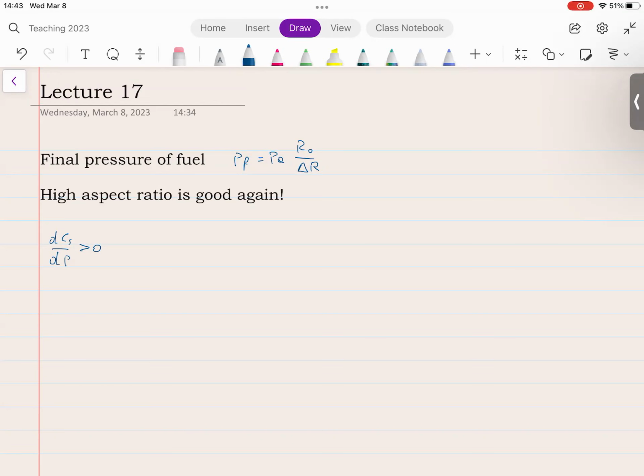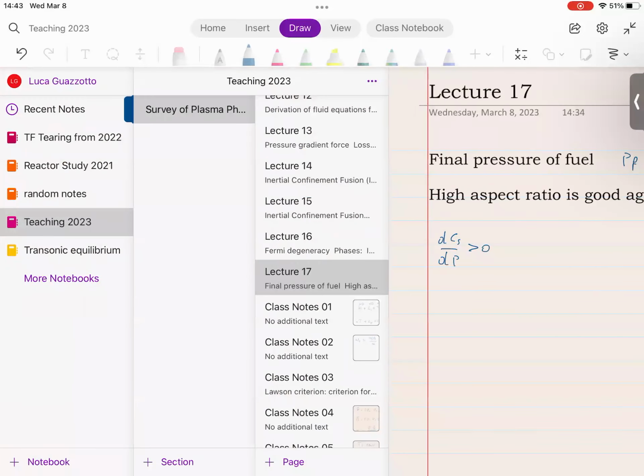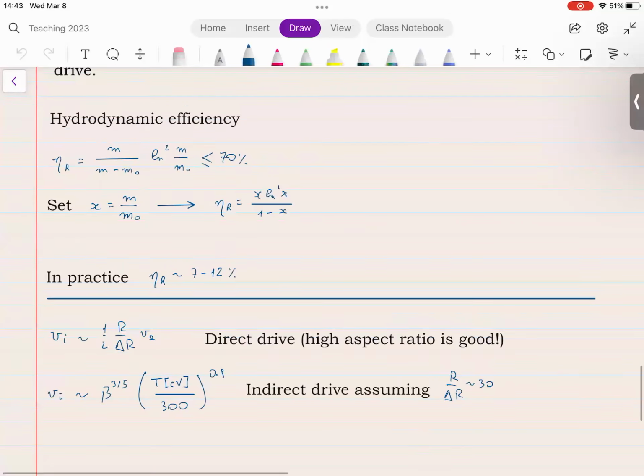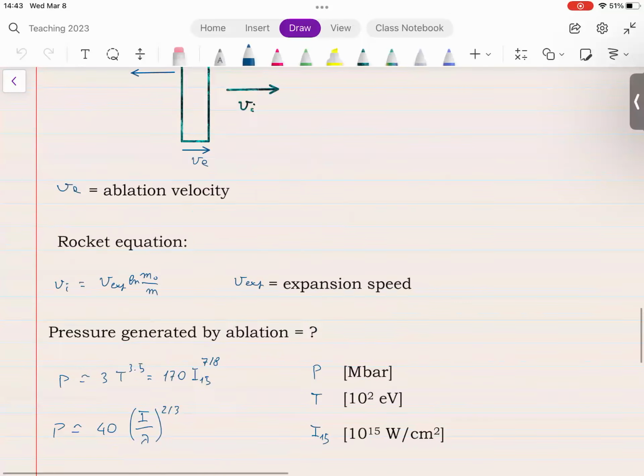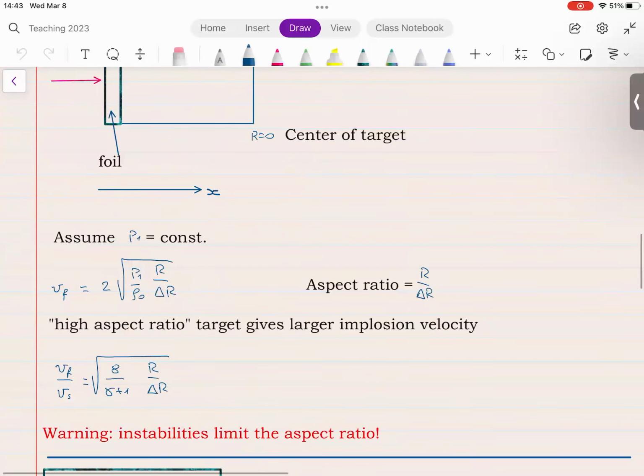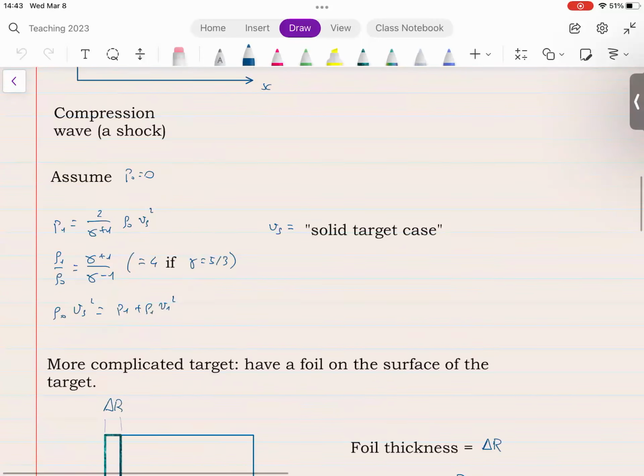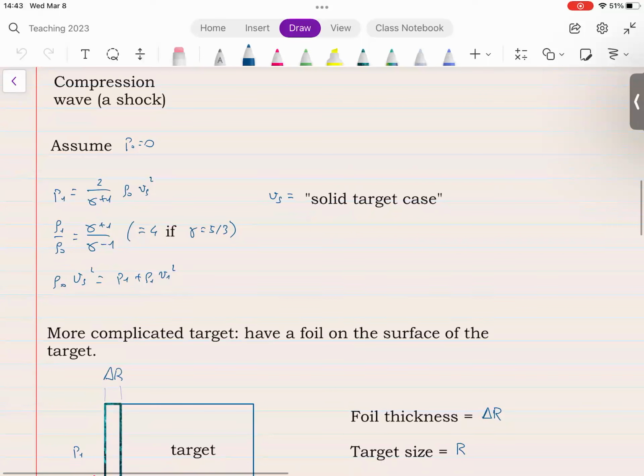We did see, let me put it back, in lecture 16, the Rankine-Hugoniot conditions, that the maximum compression we can have with a shock is a factor of 4 in the density.